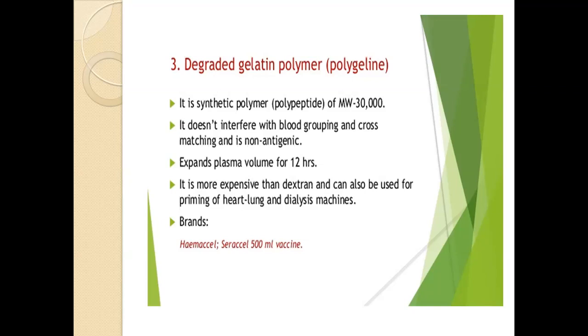It is more expensive than Dextran and can also be used for priming of heart-lung and dialysis machines. It is available in brands Hemacil and Seracil as 500 ml vials.